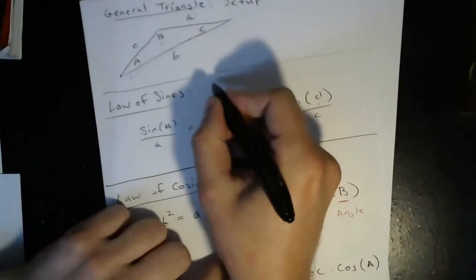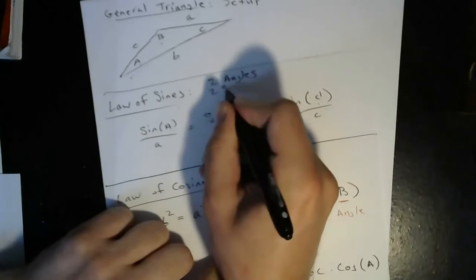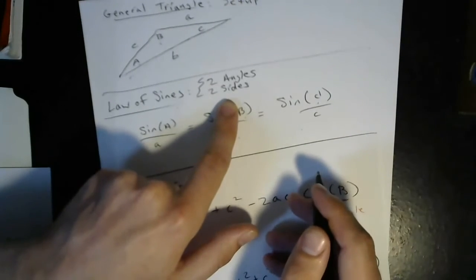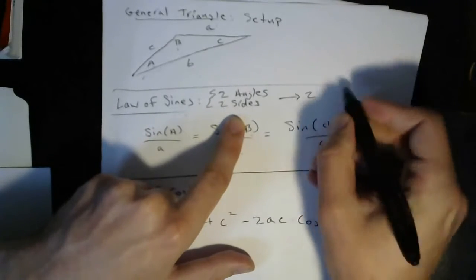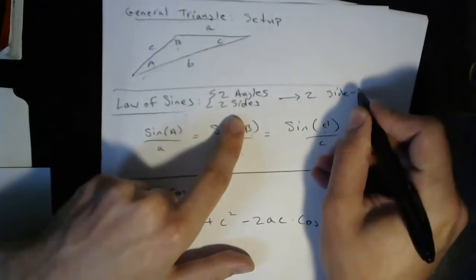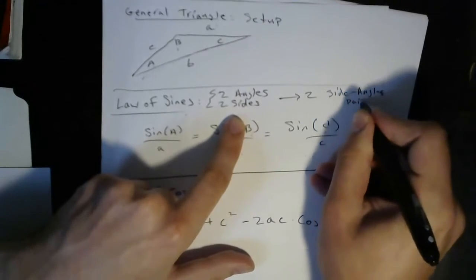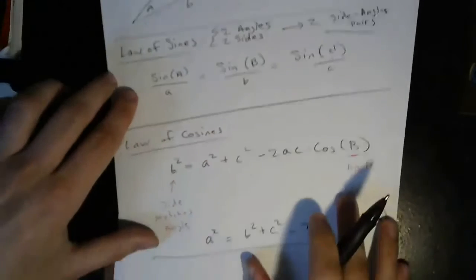This is what we need if we're going to use the law of sines. Another way of thinking about this is two side-angle pairs. Side-angle pairs, that's probably a better way of thinking about it, because the angle is paired with the side.